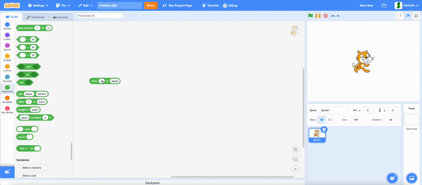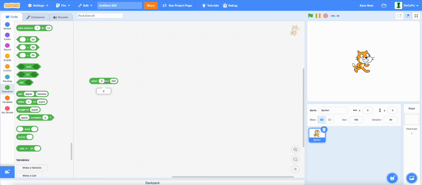Then letter 1 of, which is A of this. Letter 1 of this, and in this case apple would be A, and it also works for numbers like this.